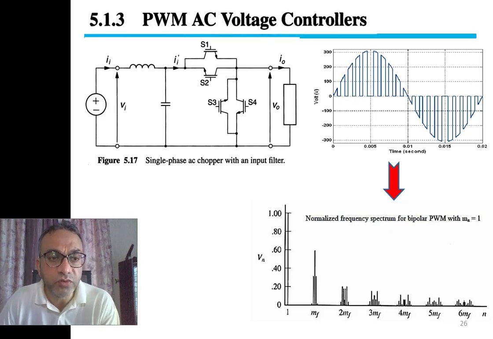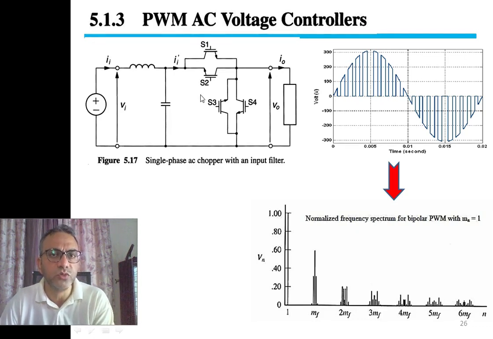Hence, we have to remove these unwanted harmonics, and we are using the filter. Otherwise, the harmonics caused by switching of S1, S2, S3 and S4 will be injected into the power system.